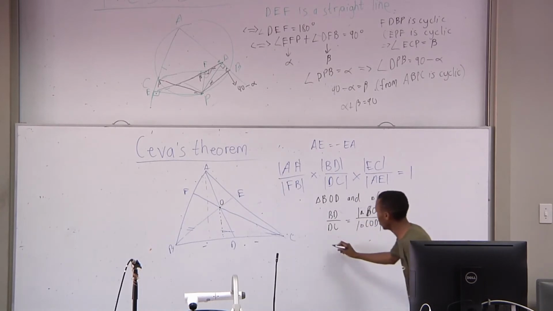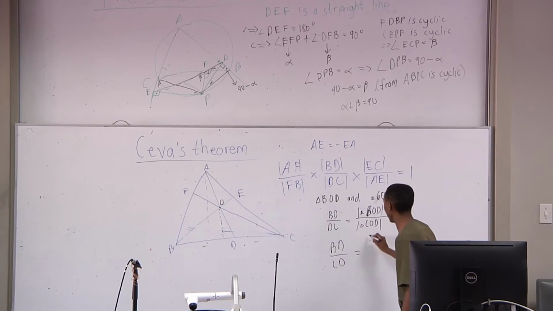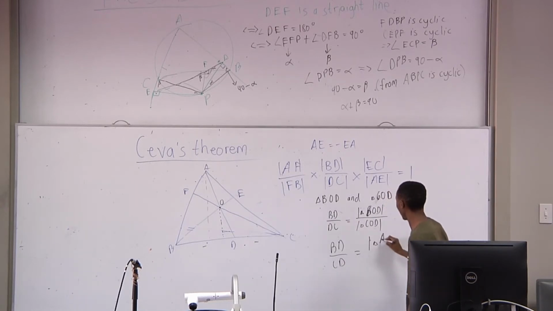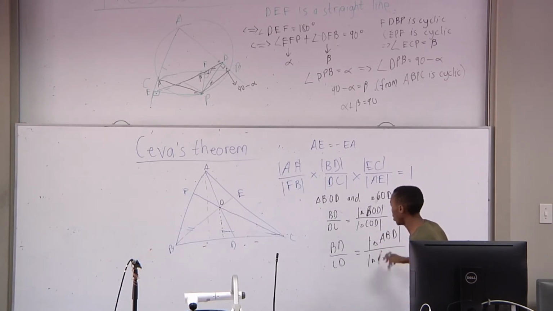So BD divided by DC is equal to the area of triangle ABD divided by the area of triangle CDA.